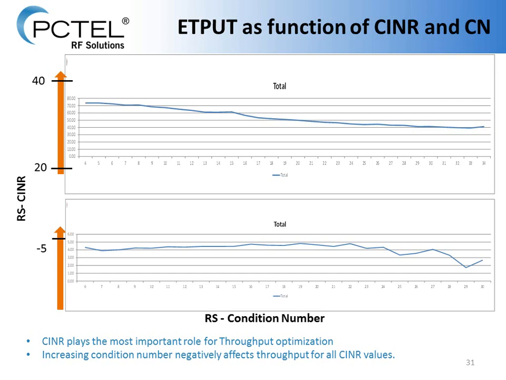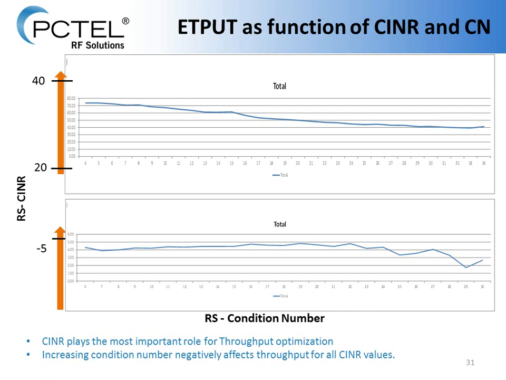So what you can see from this chart on the bottom, you have pretty much flat throughput unless you get to the very, very end. But again, you can look at the throughput and you can see that it's around 4 to 5 megabits per second only. And it's fairly flat until you get to a very, very high condition number where it goes down to about 3 to 4 megabits per second.